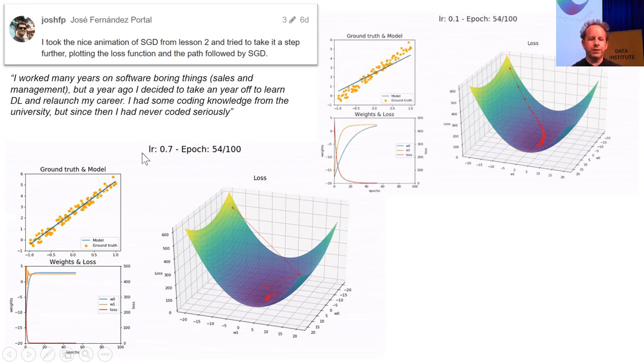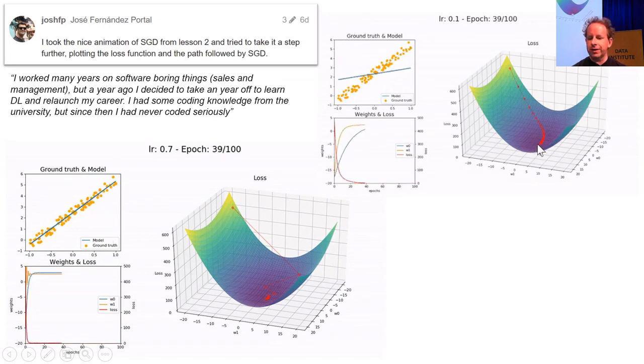And he did it for a few different learning rates. And so remember, we had two weights. We were doing basically y equals ax plus b, or in his nomenclature here, y equals w0 x plus w1. And so we can actually look and see over time what happens to those weights.